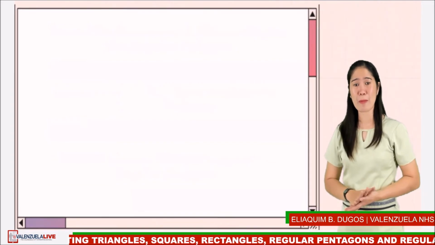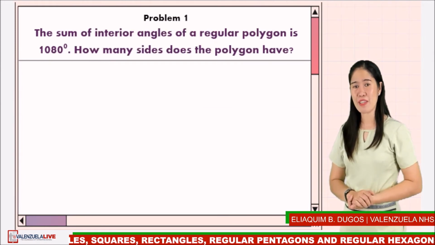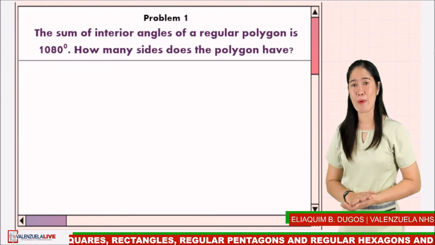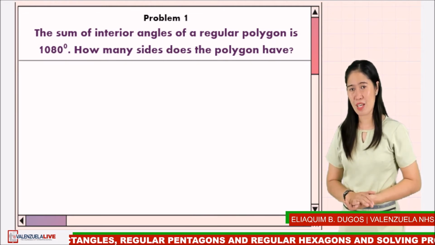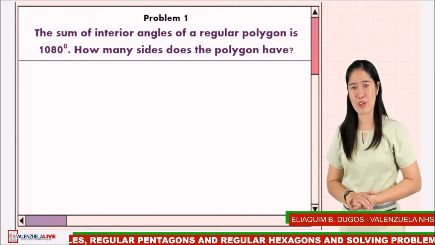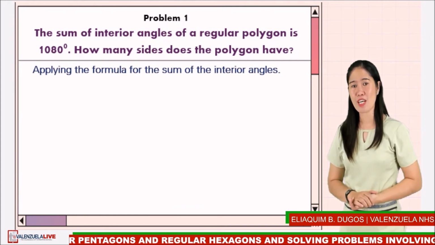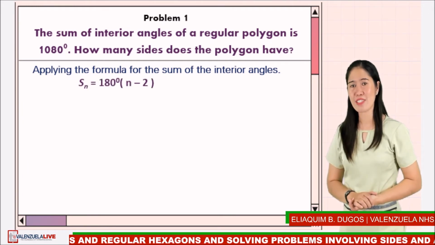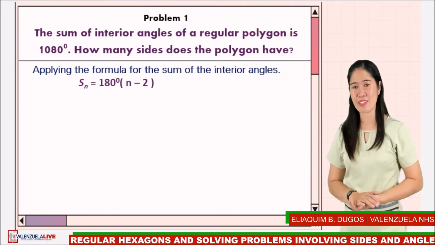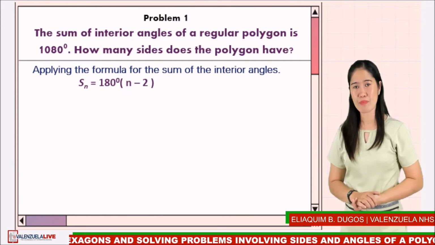Let's have problem number 1. The sum of interior angles of a regular polygon is 1080 degrees. How many sides does the polygon have? By applying the formula for the sum of the interior angles, S sub n is equal to 180 degrees multiplied by the quantity of n minus 2.